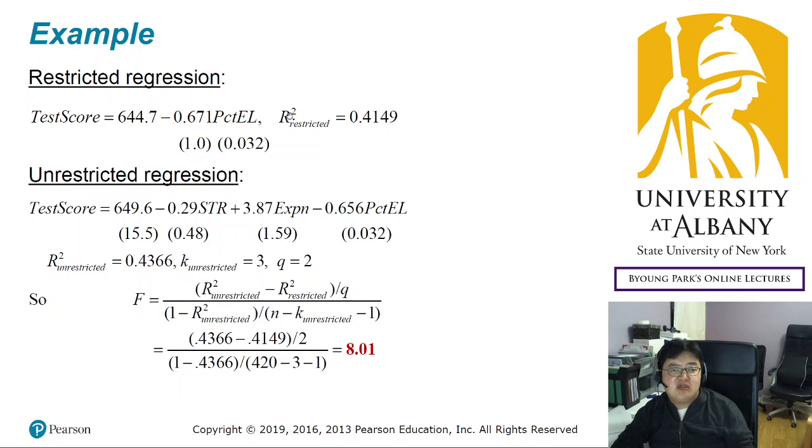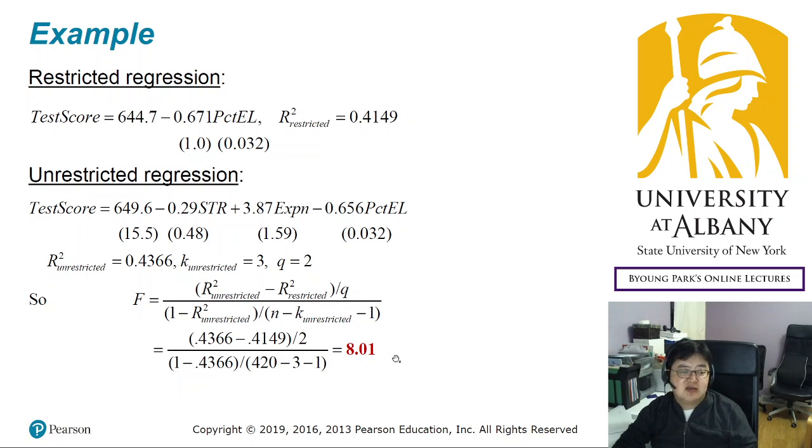These R squared are included in the default result, so you know them, and we also know how many variables the unrestricted model has and how many restrictions we have. Then we plug in the numbers and obtain an F statistic.